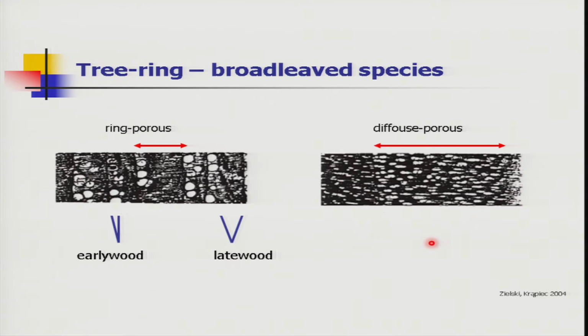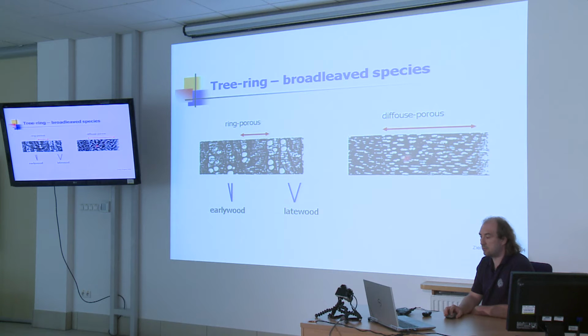In this case, trees and plants also develop tree rings, but it's very difficult to distinguish them. The vessels are distributed in the whole tree ring, so we cannot very easily divide where the early wood or the late wood is.